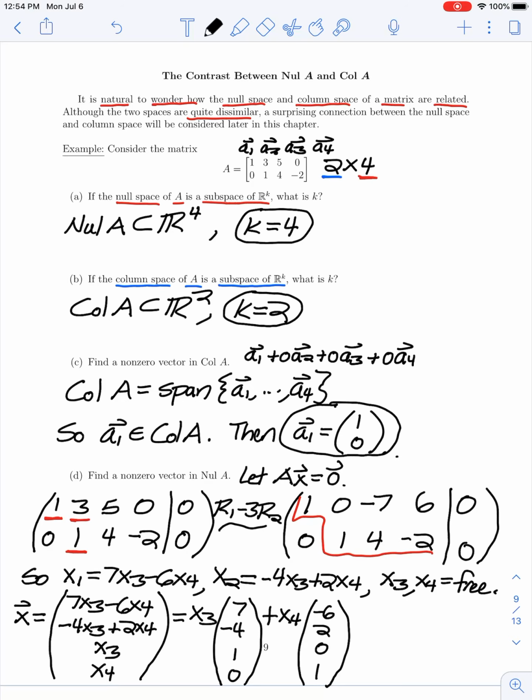So any non-zero vector that lies in that solution set is what we're trying to find. We want a non-zero vector in that null space.